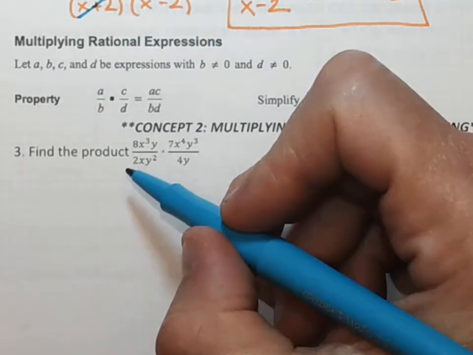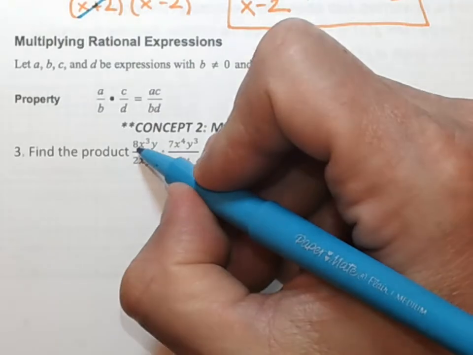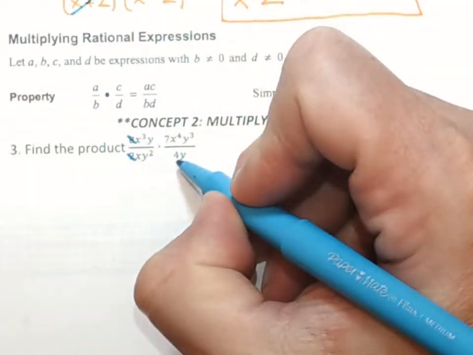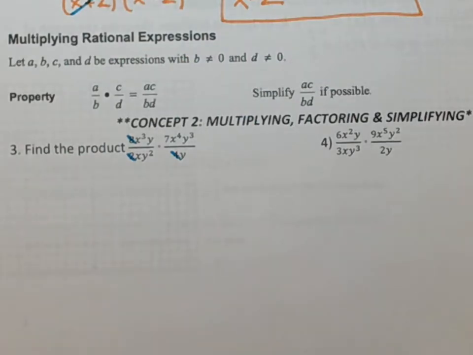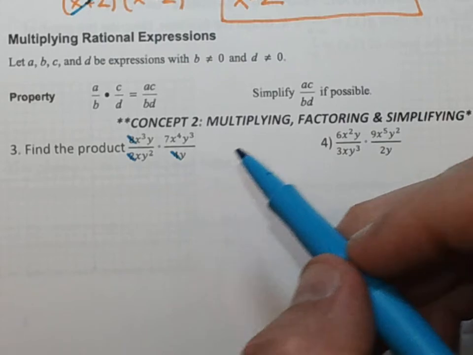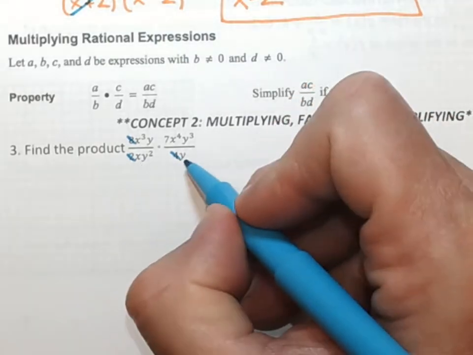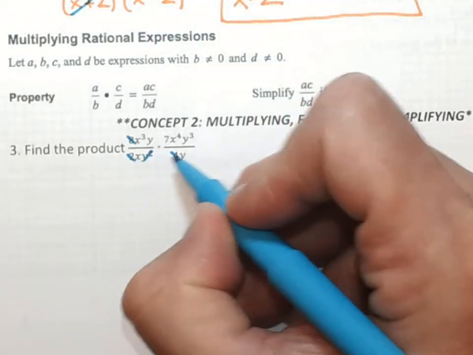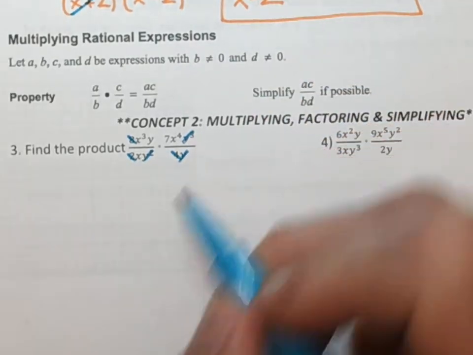If I look at this first one, number 3, I see 8 on top and 2 times 4, which is 8 on bottom, and I am going to cancel out 8 divided by 8, which is 1. I also did the same thing with my x and y. So I got y cubed on the bottom. Look, y squared times y is y cubed. And I got a y cubed on top. So all those cancel out.